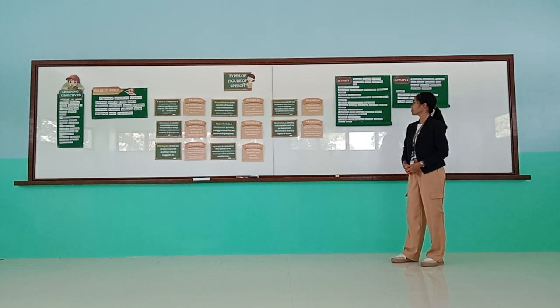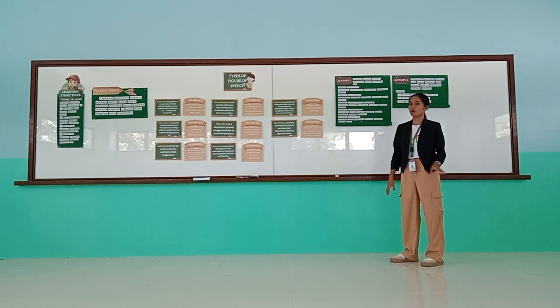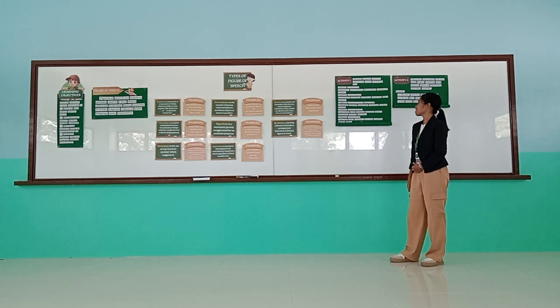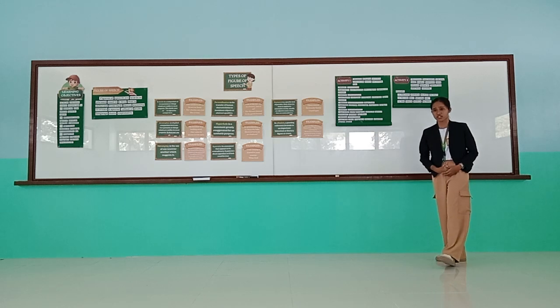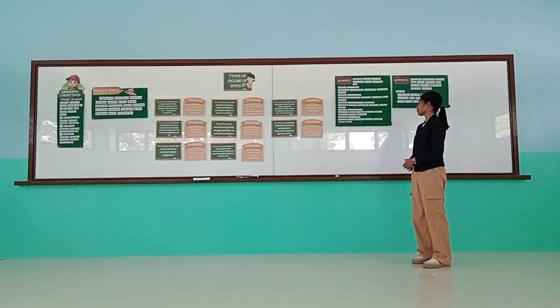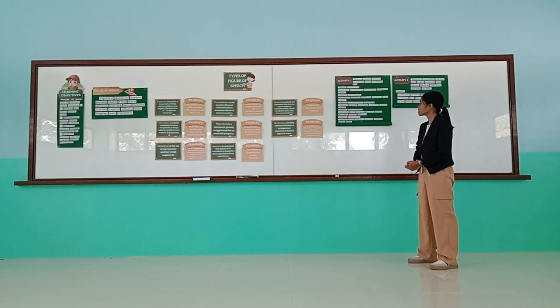Group 3 is kinesthetic learners. Your task is to create a short and catchy slogan using at least one figure of speech. Group 4, analytical learners. Your task is to analyze a short passage, identify the figures of speech used, and explain their effects.